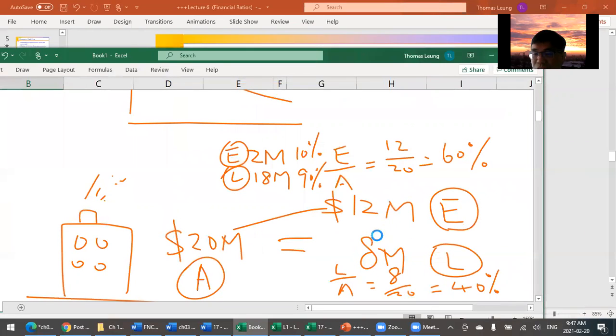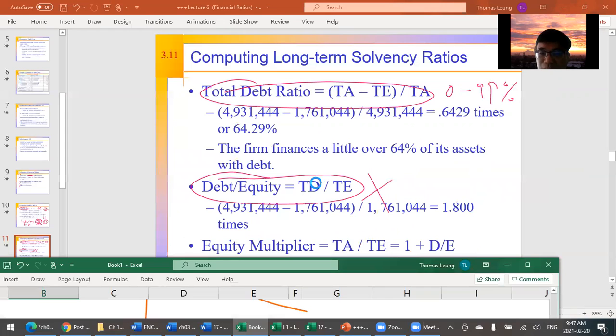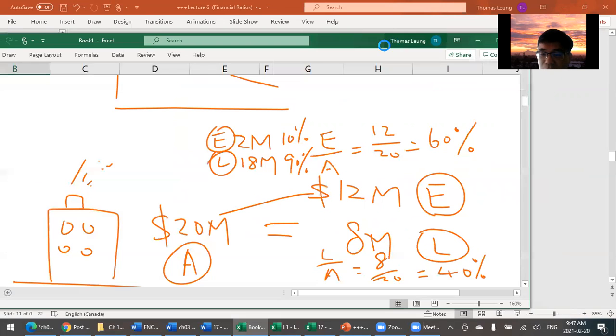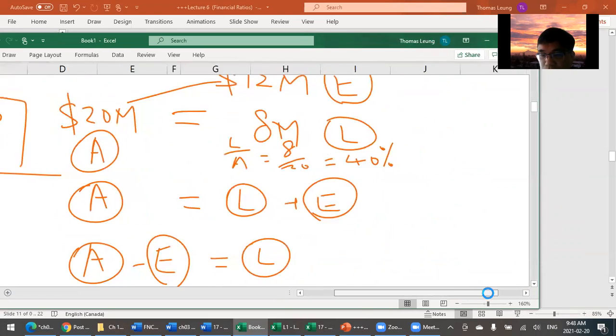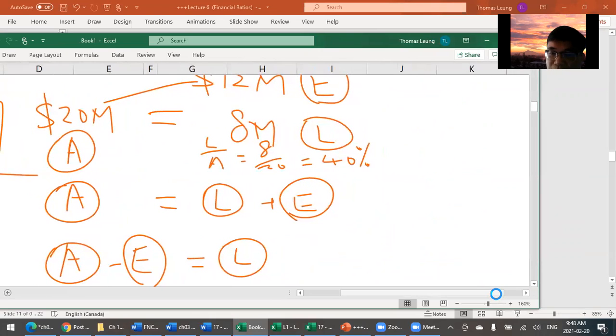If you base on this, D divided by E, D is liability, divided by E, equity. So in our first case, liability is 8, and my equity is 12, then it's 75%.